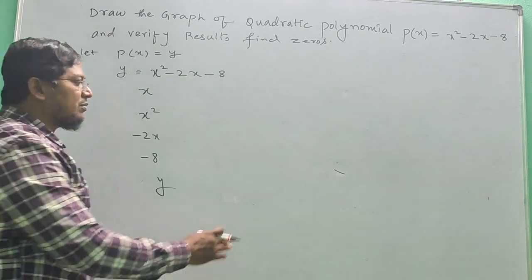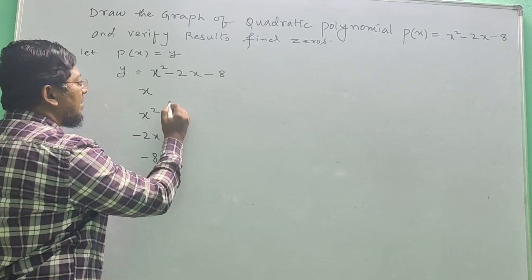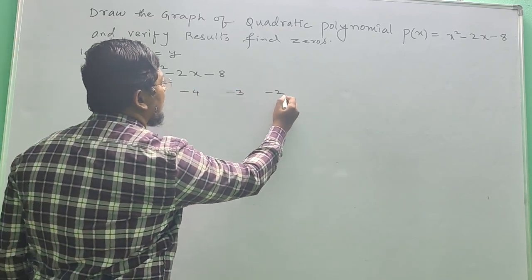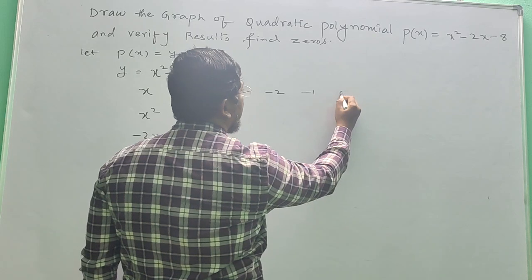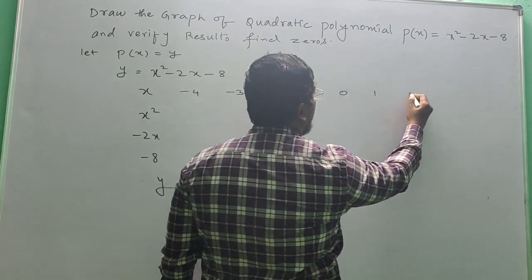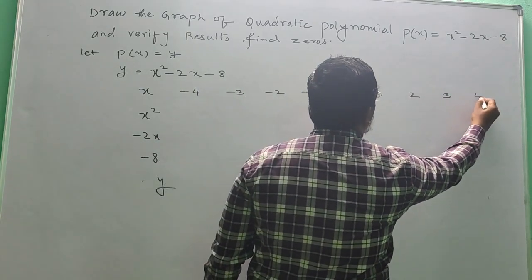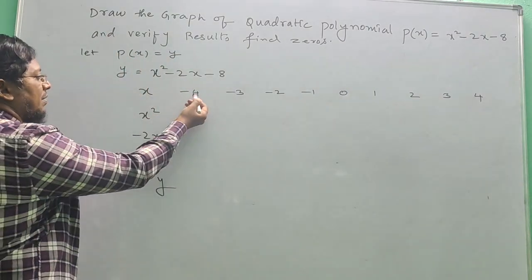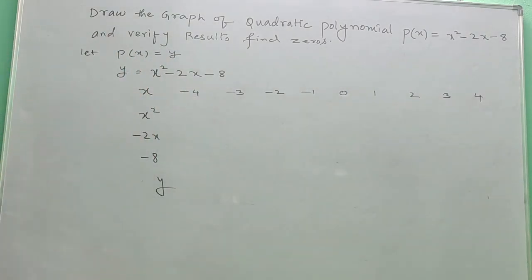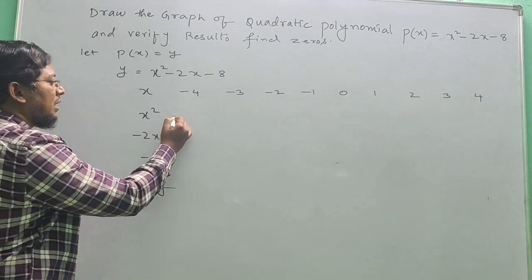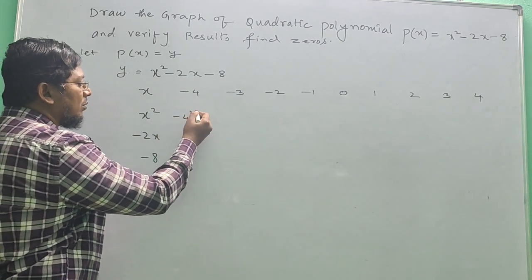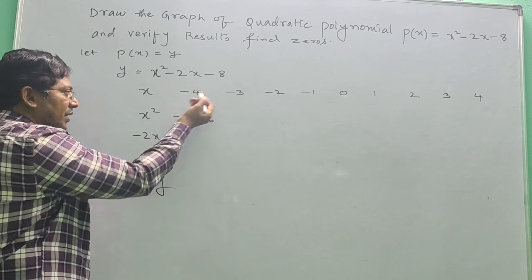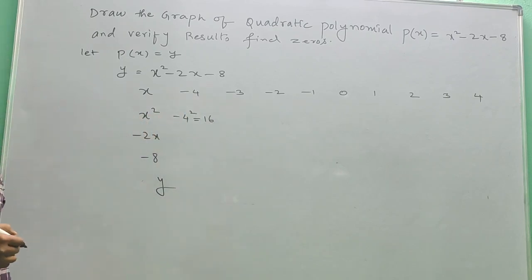Again the same step we have to follow. We start from minus 4, minus 3, minus 2, minus 1, 0, 1, 2, 3 and 4. We substitute in place of x. Minus 4 square is 16.